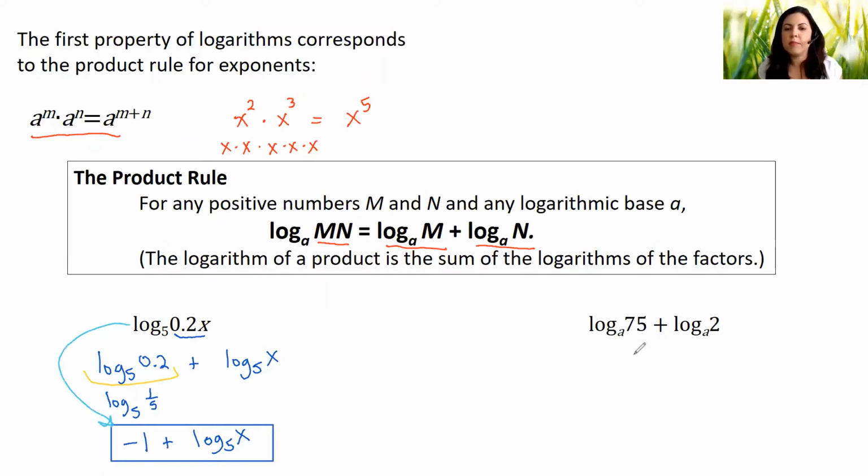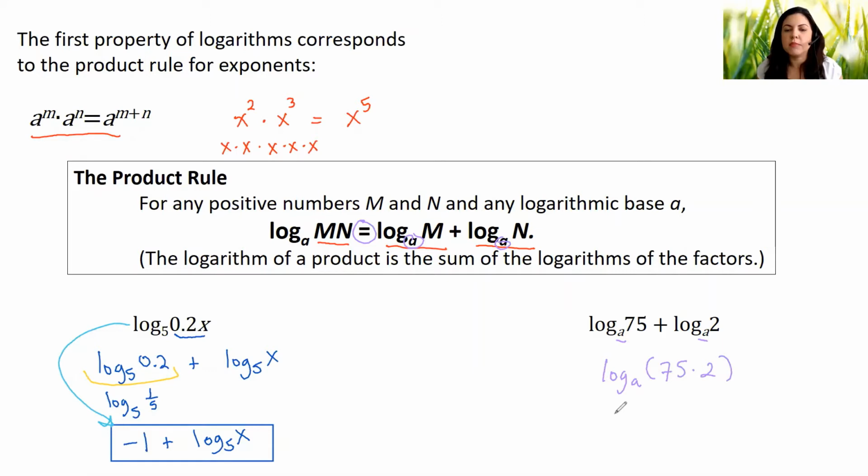I can do something similar here. In this example, we're going in the opposite direction. We have the sum of two logarithms. With this equal sign, it works in both directions. If I have a sum of logarithms with the same base, that's important, I can combine it into a single logarithm. Or if I have the logarithm of a product, I can split it up like we did with the first example. So here, since these have the same base, log base a, I can combine these by multiplying 75 times 2.